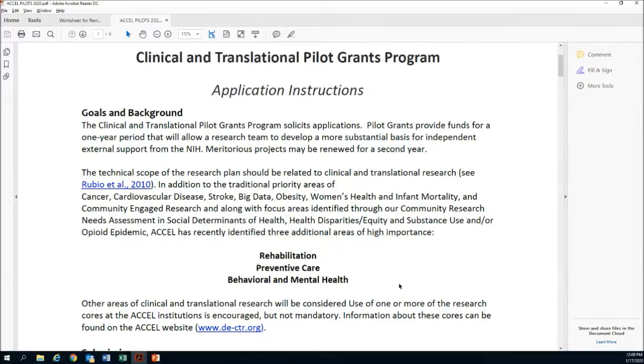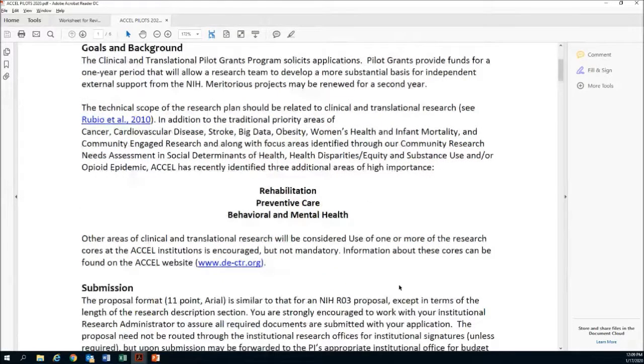They would like to see networked interactions, so working across institutions within ACCEL is a plus. But again, from my perspective, I do not recommend bending over backwards to include another institution if it doesn't make sense for what you're trying to accomplish.